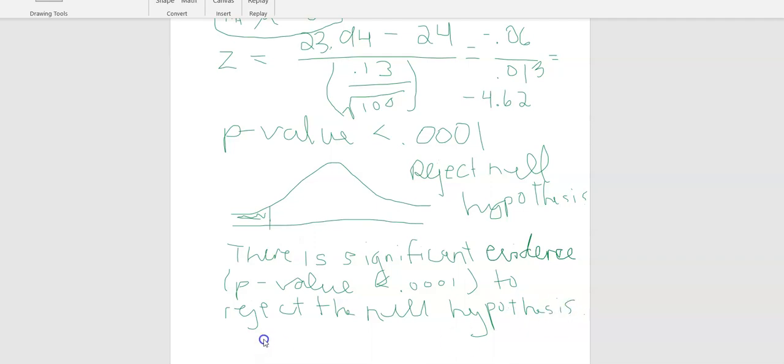The mean weight of post-grape nuts is less than 24 ounces.